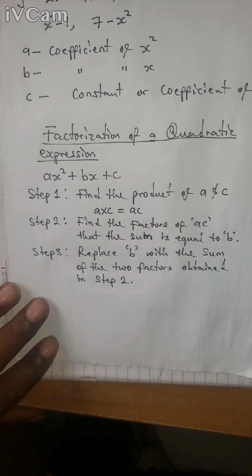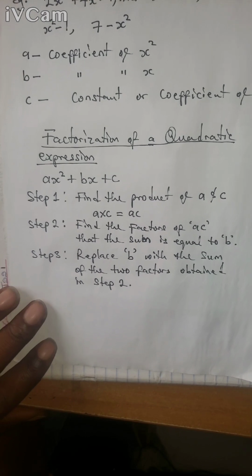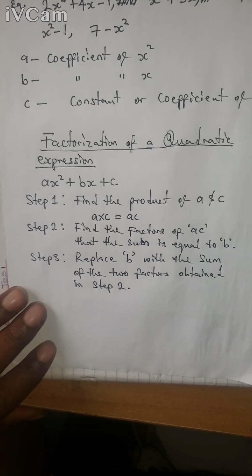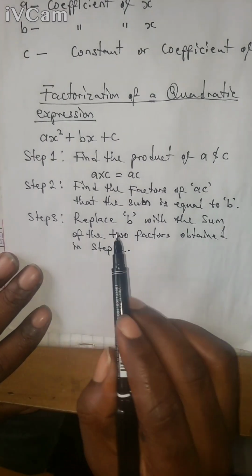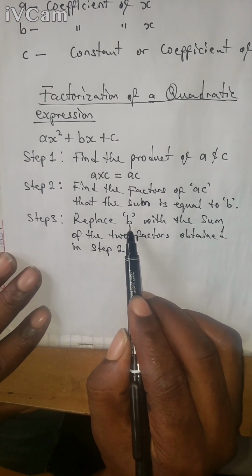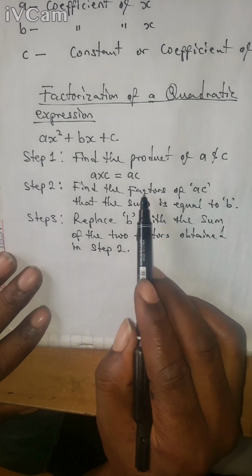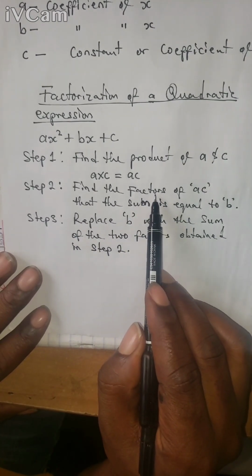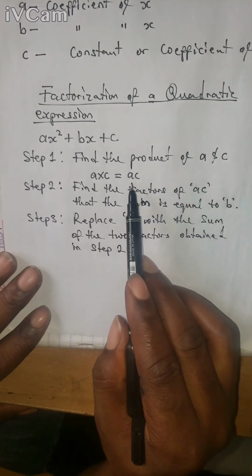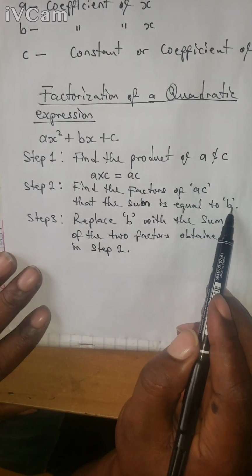If you have not, I advise you to go and watch those videos so that you know how to factorize algebraic expression. So in step 3, you replace b with the sum: those two numbers that multiply to give ac and add to give b, you use them to replace b.